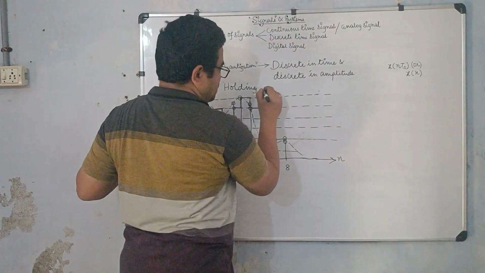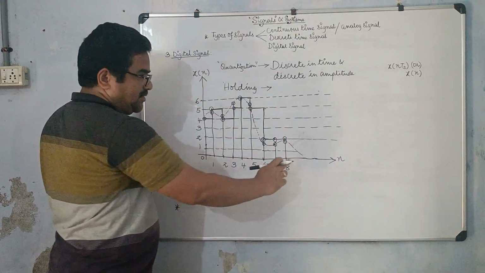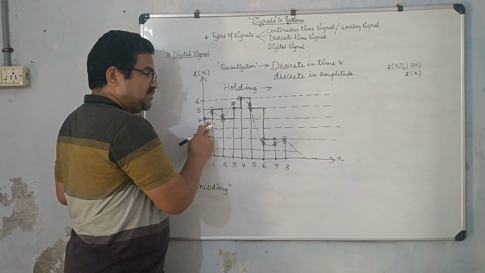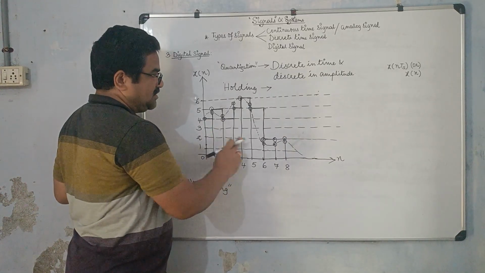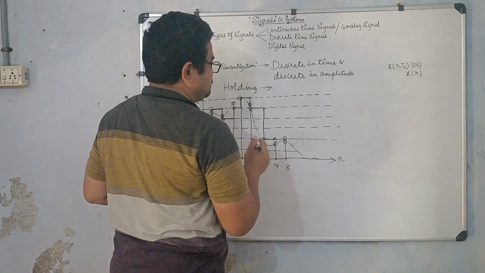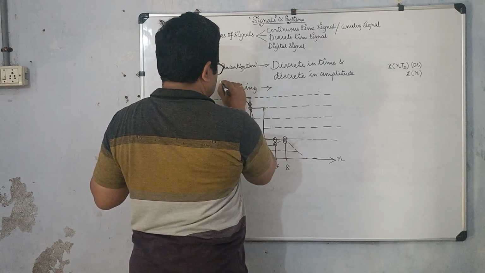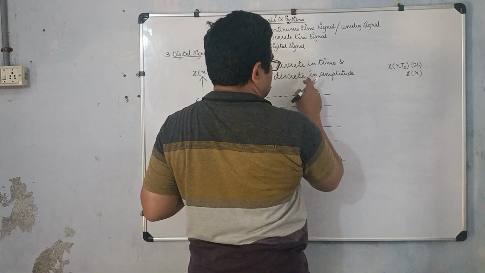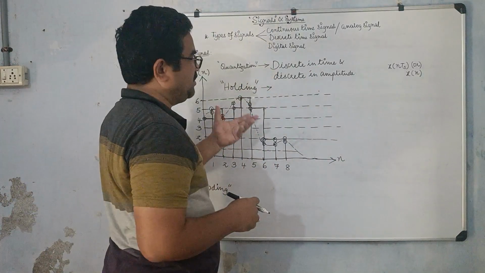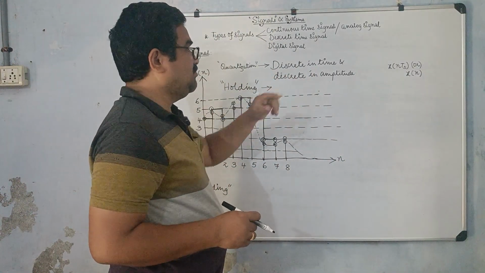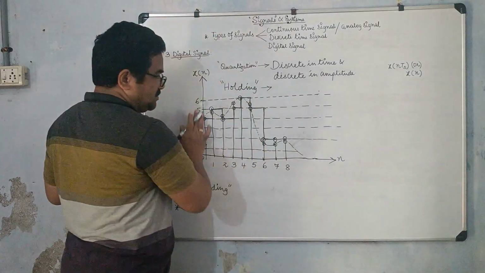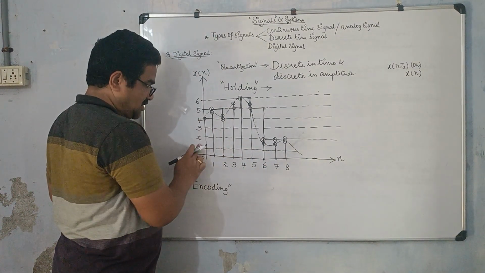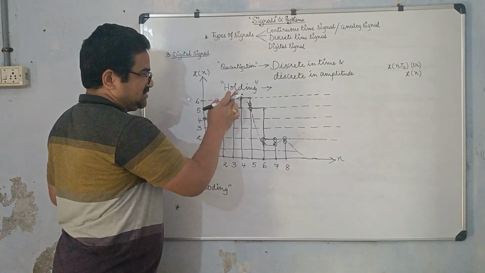So after holding, my time is becoming continuous. You can see anywhere in between 0 and 1 I have a value. Okay, so I am making the time continuous. So after holding, my discrete in time and discrete in amplitude signal is becoming continuous in time and discrete in amplitude. Amplitude is remaining discrete because the amplitudes are either 2 or 4 or 5 or 6.